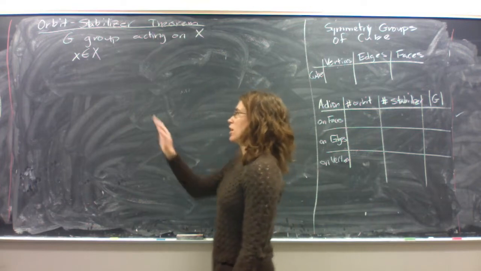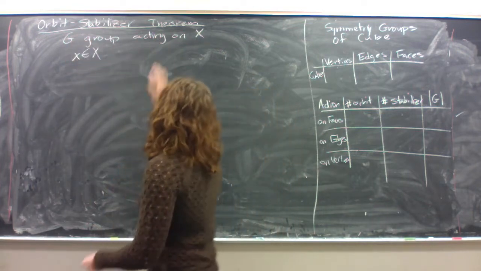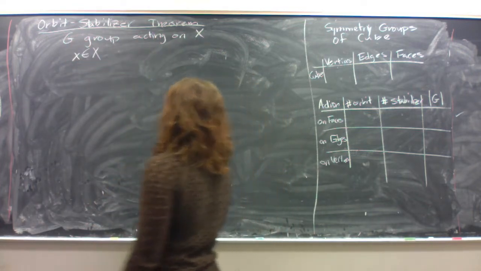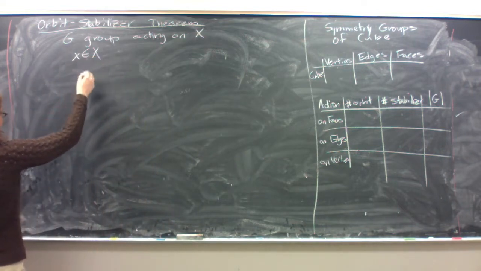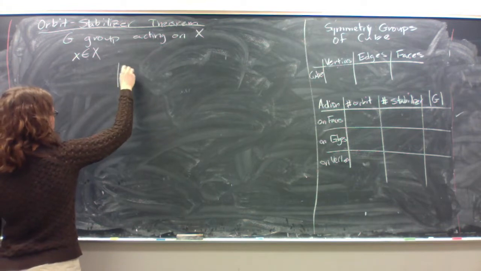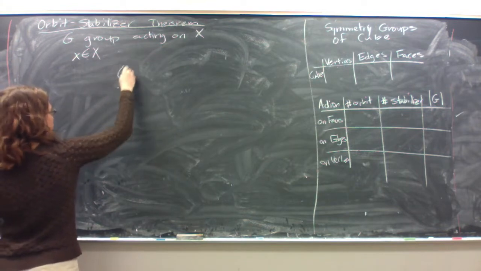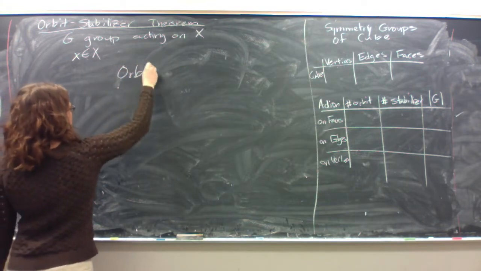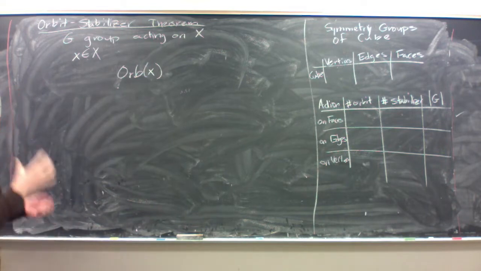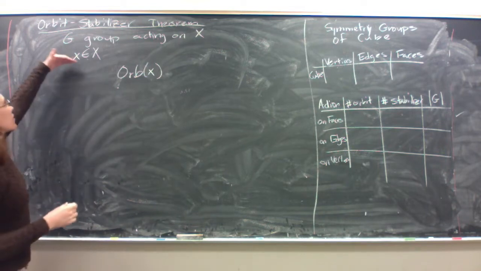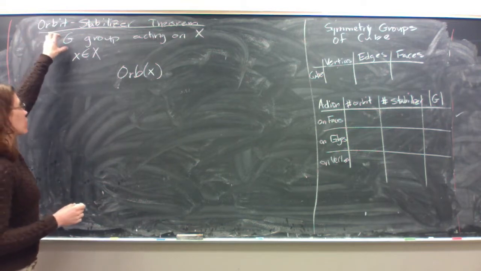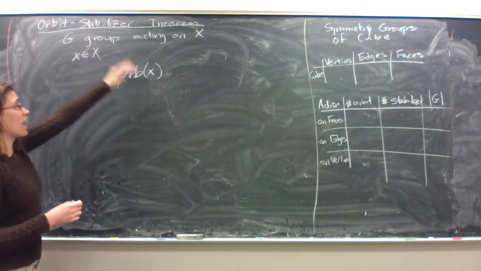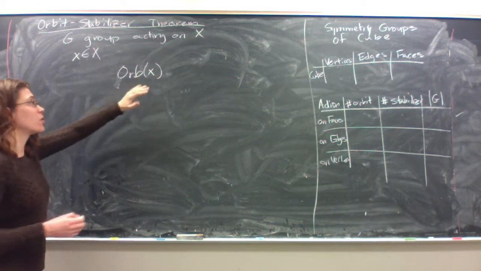So what we mean here is if we start with our group G and it's acting on a set X. If I fix some element in X and I look at the orbit of that element, recall that the orbit is all of the points in X that I get by taking the various elements of G and applying them to X. That's the orbit.